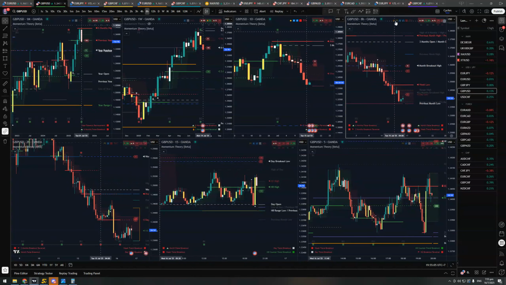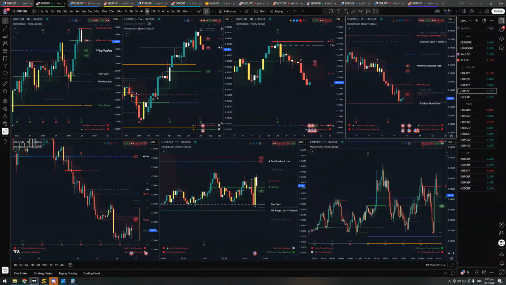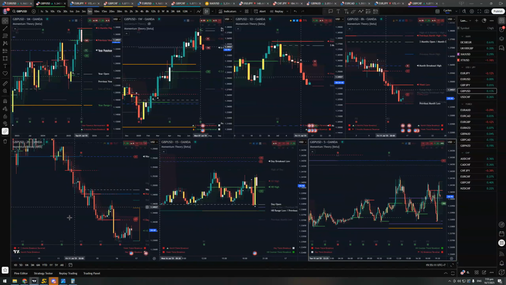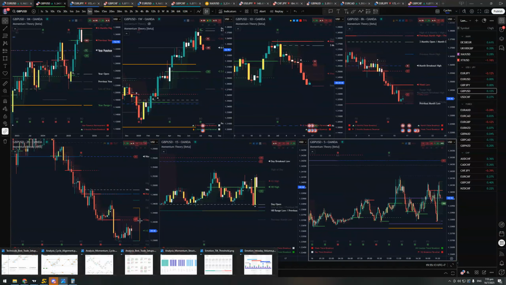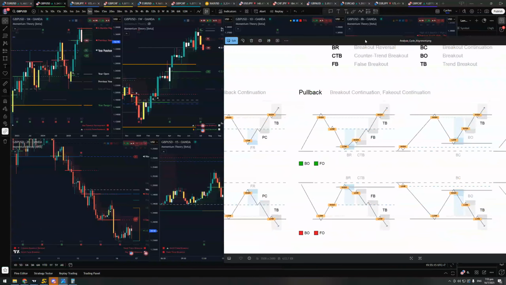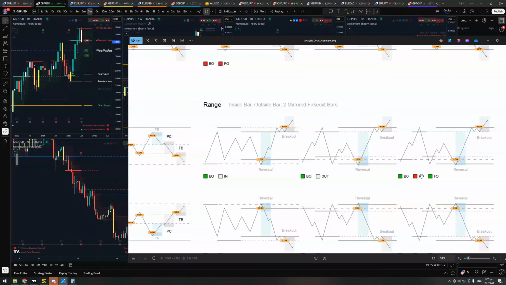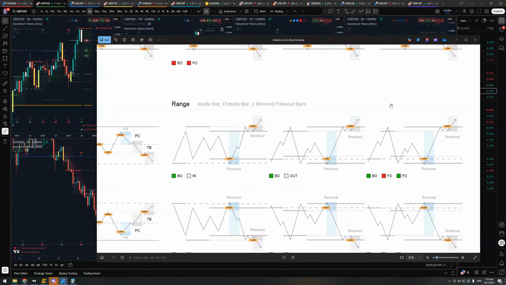So this is dimmed out, but the only reason why that's dimmed out is because it's an inside bar, so that creates a range. But inside bars I treat a little bit different than the other ranges. If you look at my definitions of ranges, inside bar, outside bar, and opposite facing fake out bars, or a string of fake out bars, inside bar is very different because we have a strong push, and then we have no volume to continue the move up or the move down.